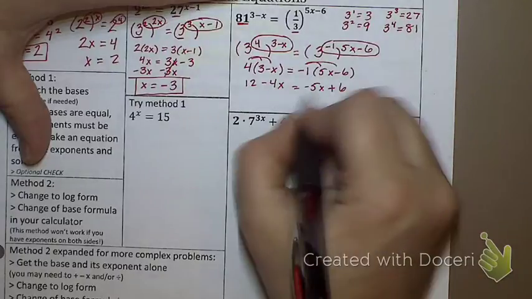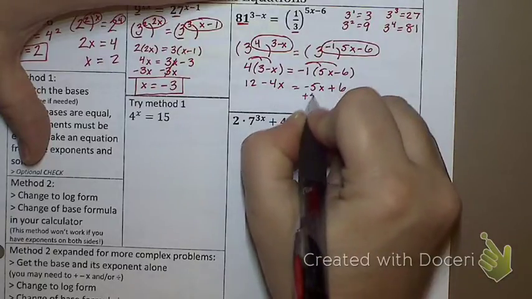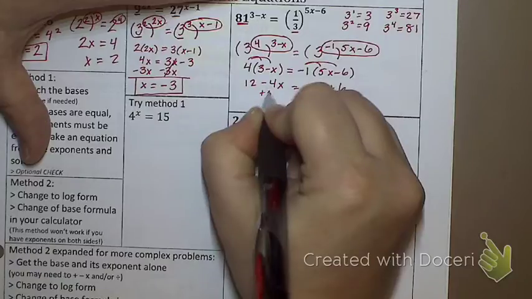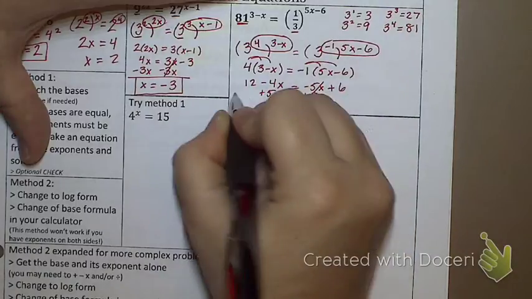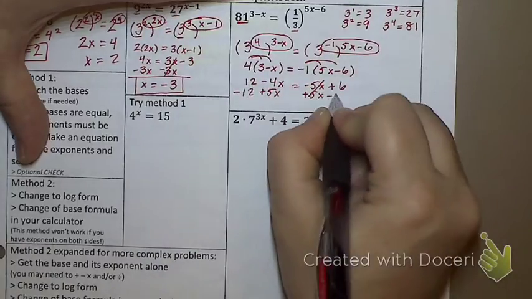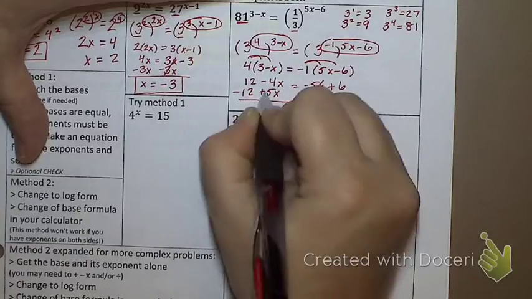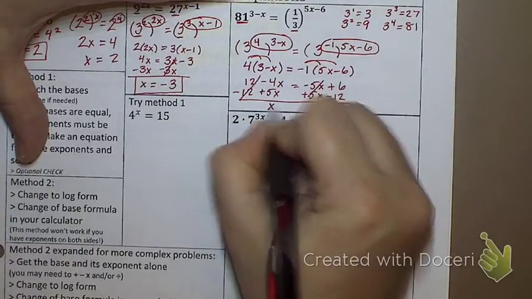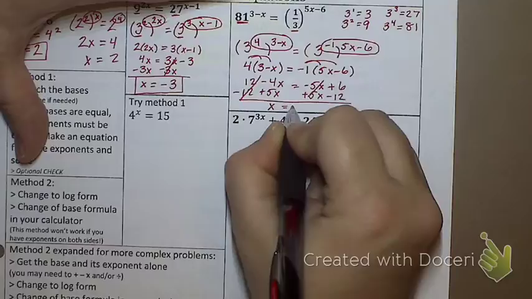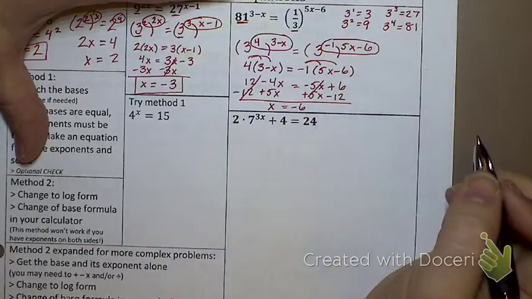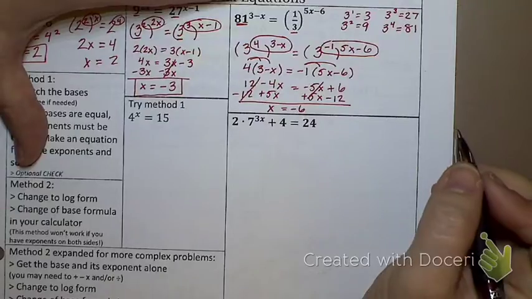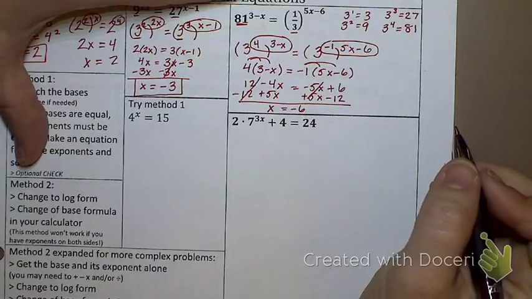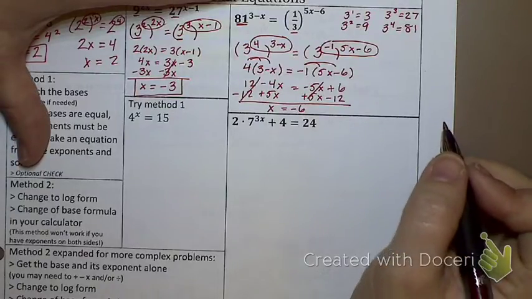And we can solve for there. I'm going to move the 5x. And if it's okay with you, I'm going to subtract 12 in the same step because I'm running out of room. So I have x equals what? Negative 6. Do I need to check it? I don't have to check it because I didn't use any logs. But if I'd like to know that my answer was right, then by all means go check it.